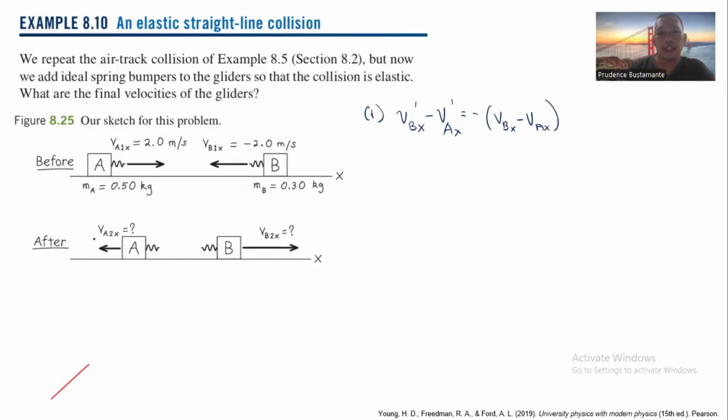Since we have the given values here, we have VBX prime minus VAX prime is equal to negative times the quantity negative 2.0 minus 2.0 meters per second.